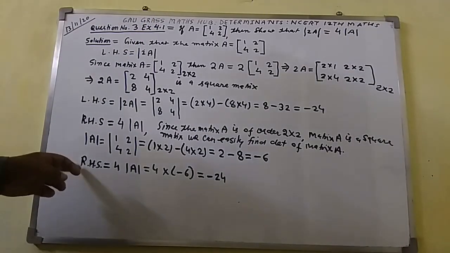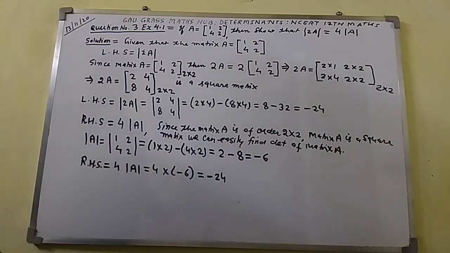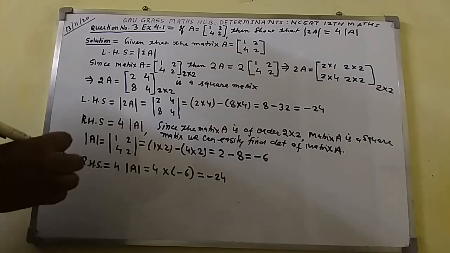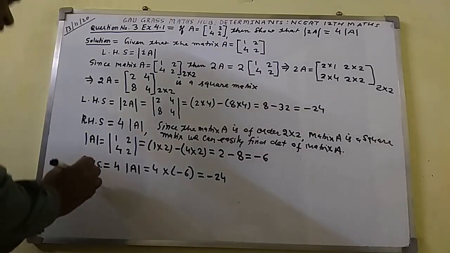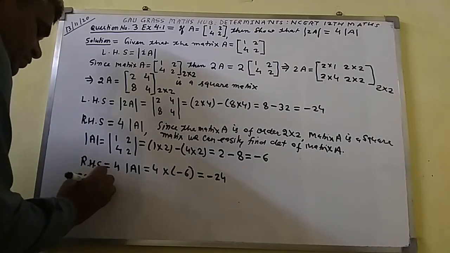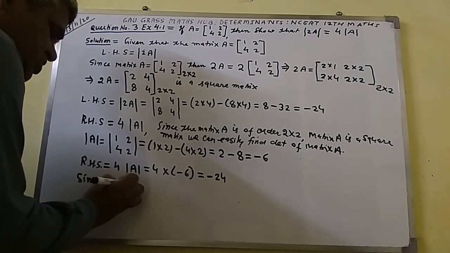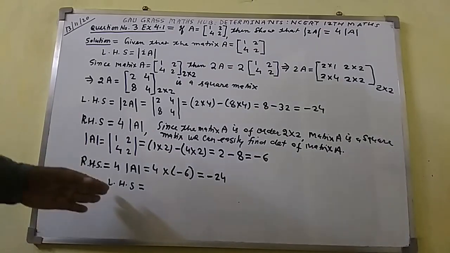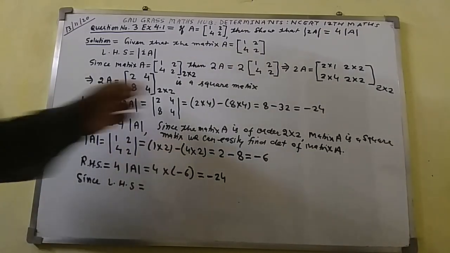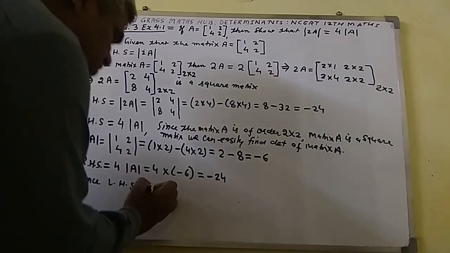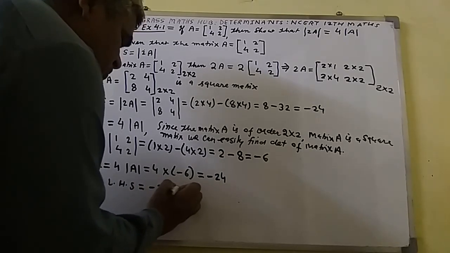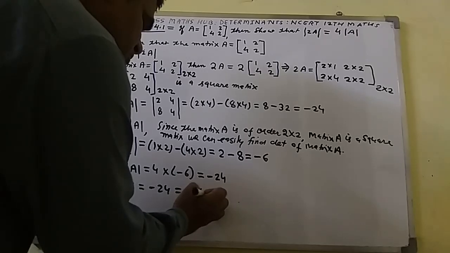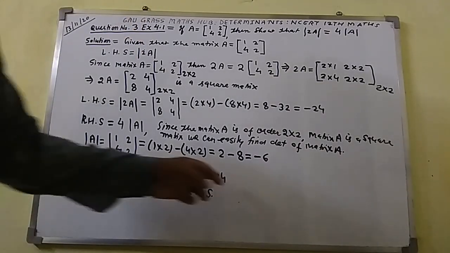So RHS is equal to minus 24. Since the value of LHS is minus 24, LHS equals minus 24 equals RHS.